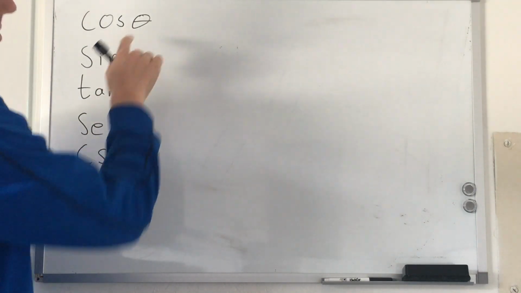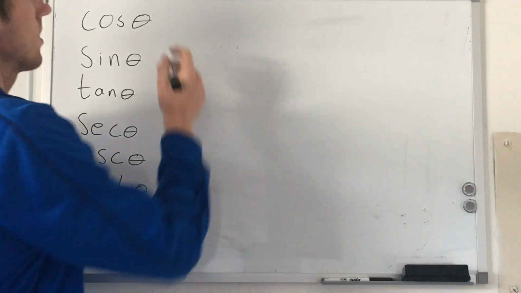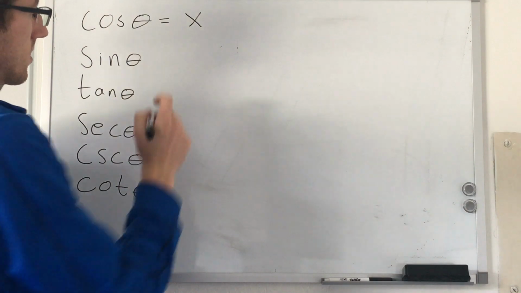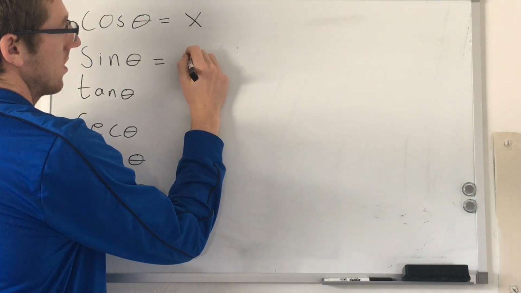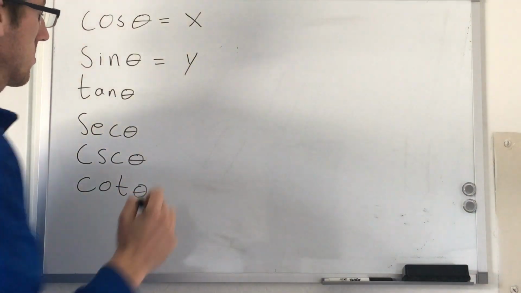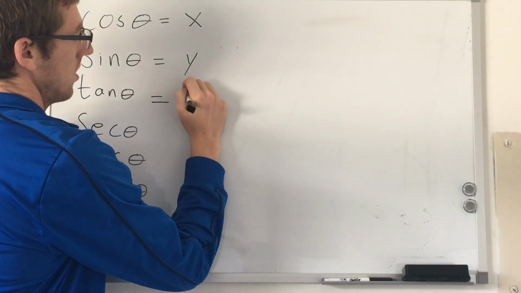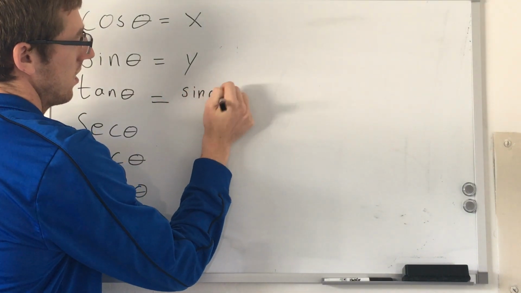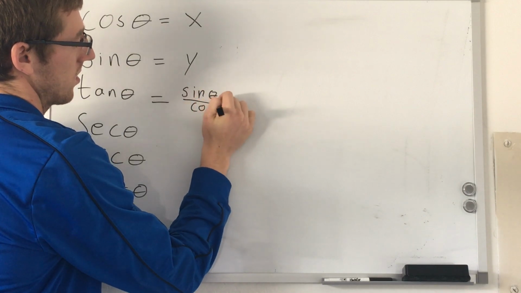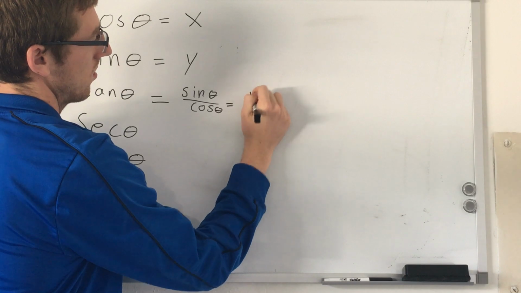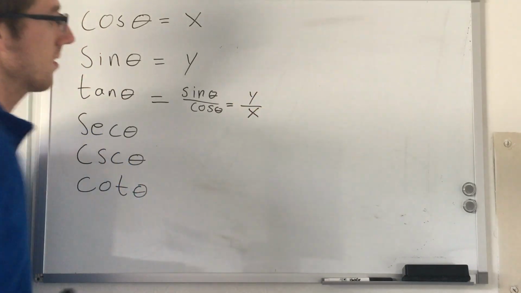Okay, so cosine theta is just your x value. Sine theta is just your y value. Tangent theta is sine theta over cosine theta. So what does that mean? This is just y over x.